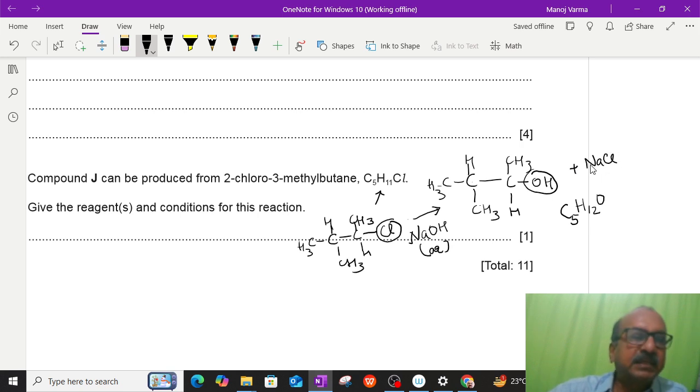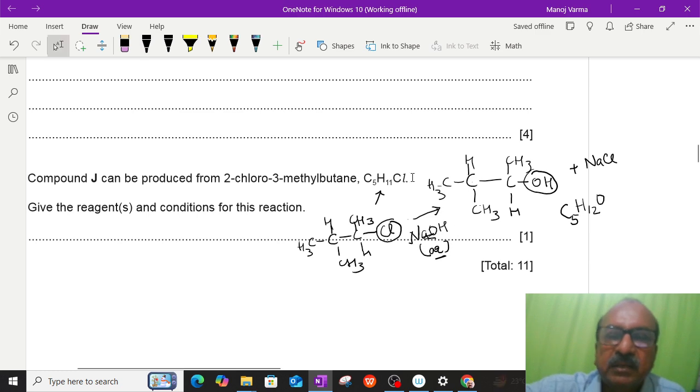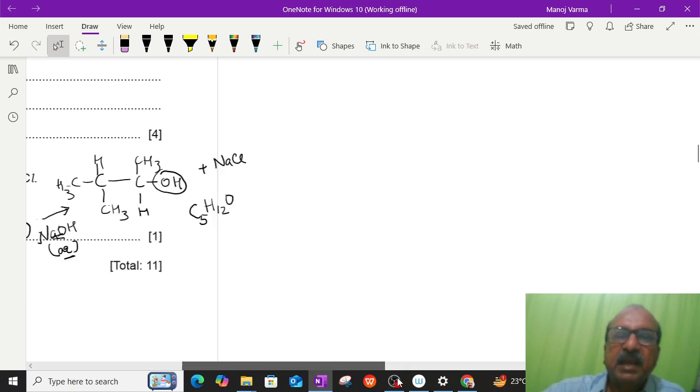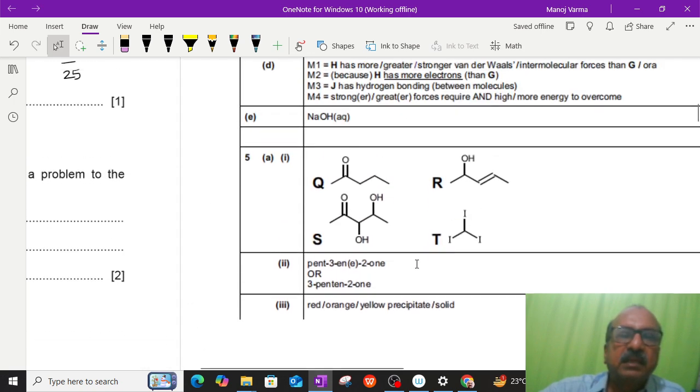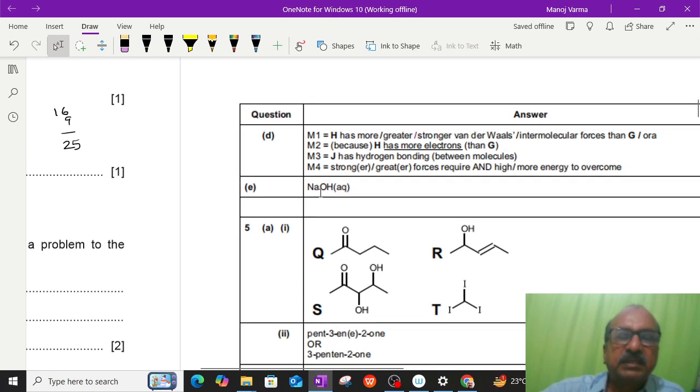What he's asking is to give the reagents and conditions. So the condition is that it should be aqueous, and the reagent is NaOH, and if you do this, you should get the conversion. So let's see, is that the answer? Let's go and see this. Yes, so this is the reagent, aqueous NaOH.